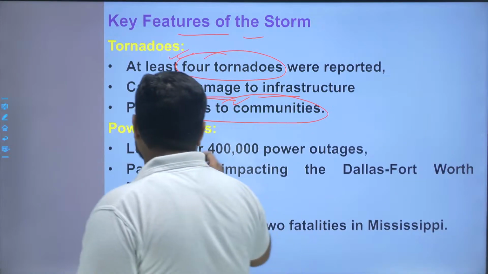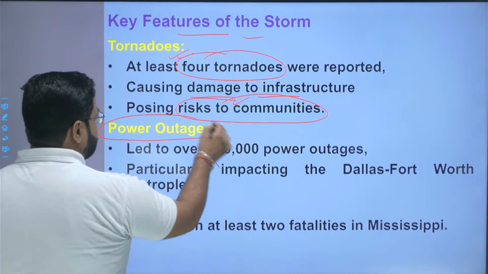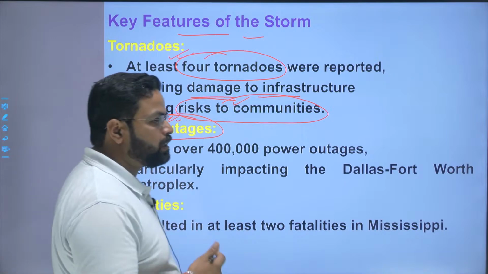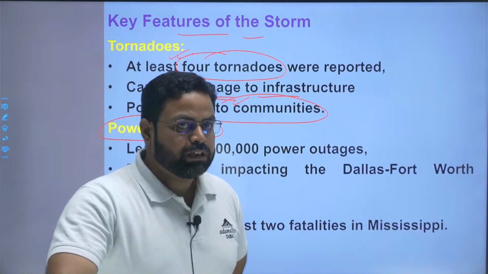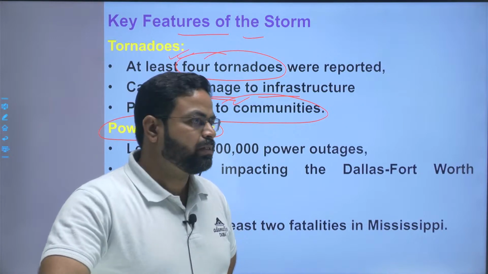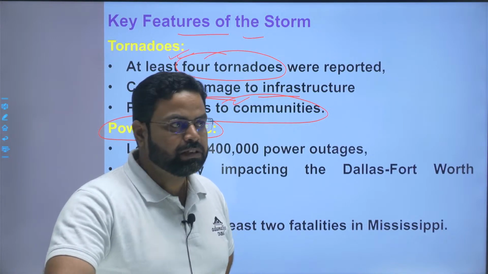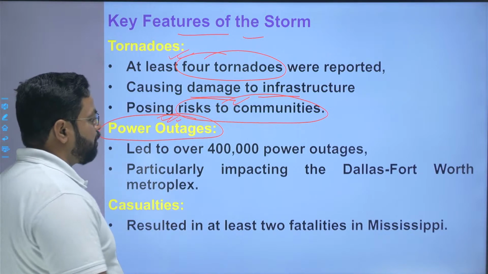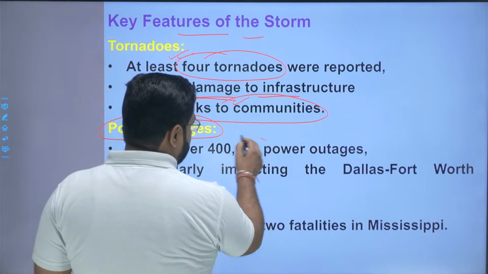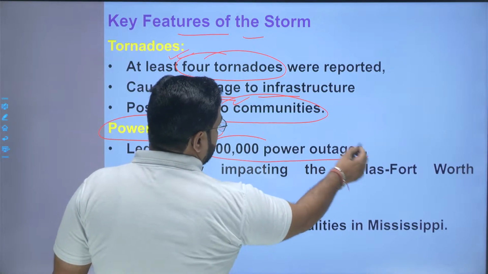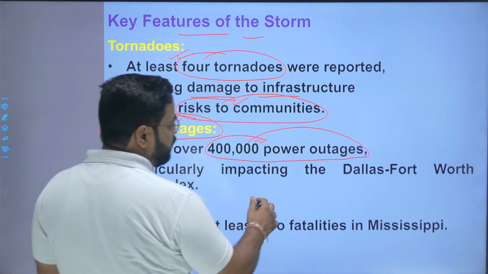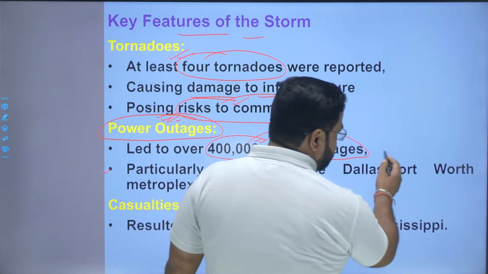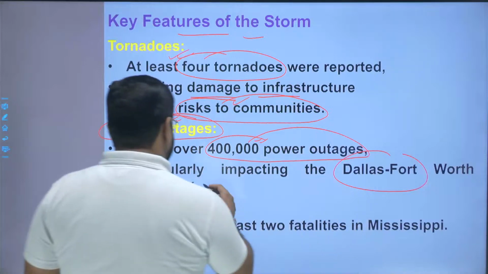Power outages were also experienced in this region because of the tornadoes and the damage that caused disruption in the electricity supply system. The infrastructure was damaged, and because of that there were power outages, and over 4 lakh power outages were experienced in this region, particularly impacting the Dallas Fort Worth metroplex.